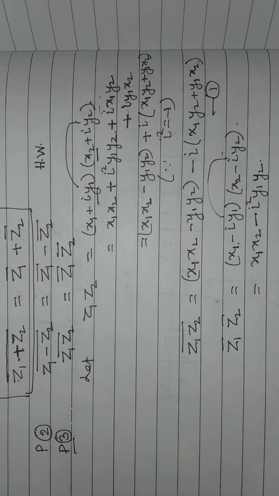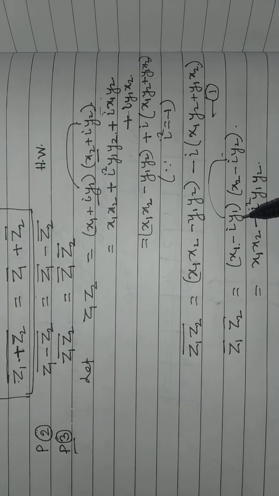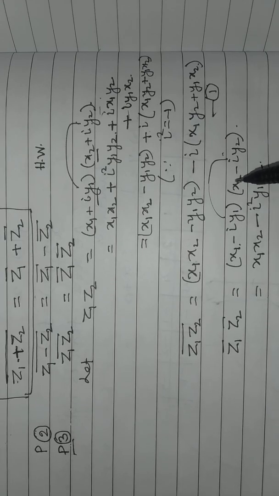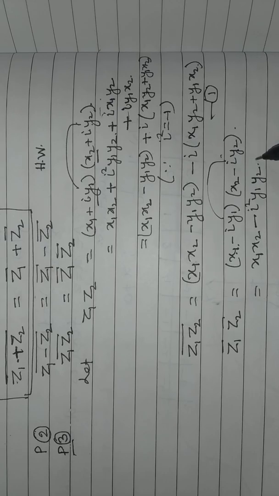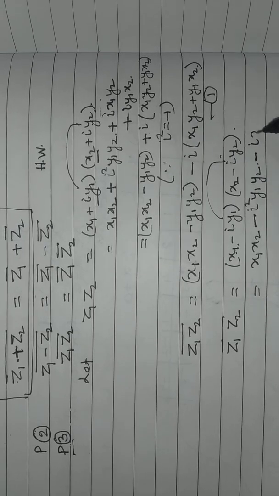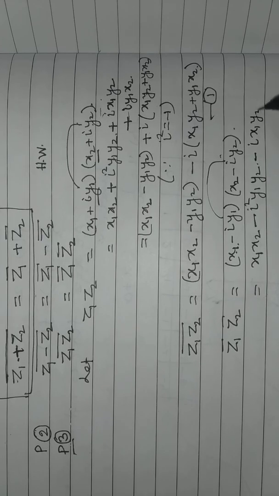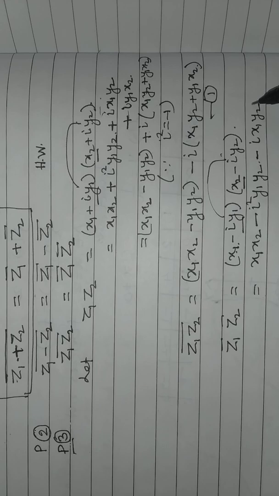Then this and this are multiplied, so minus I x1 y2, and this with this, so minus I y1 x2, so that it is easy to take I common.